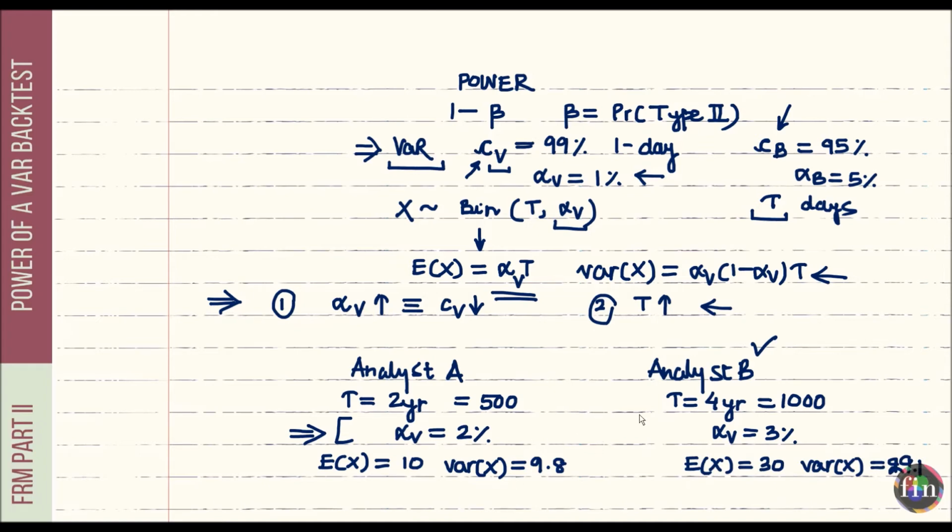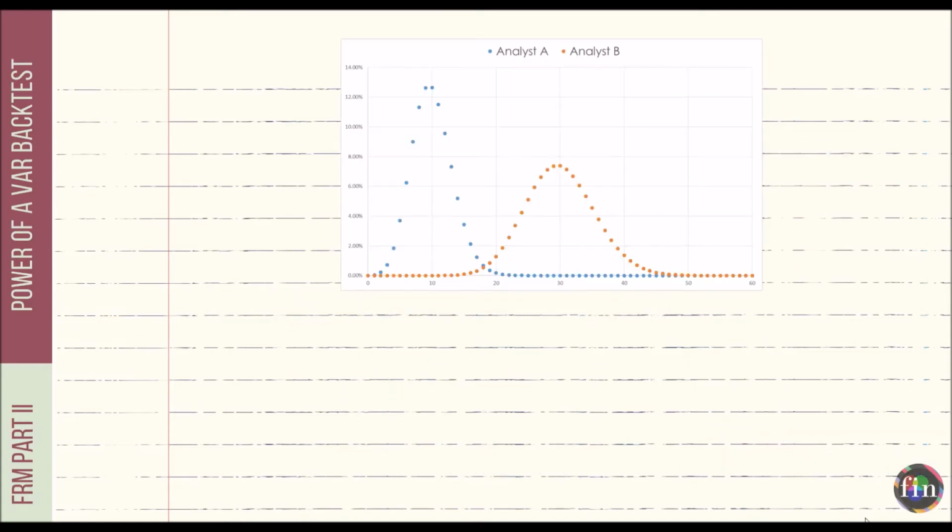Now let's see which one of the two would be better positioned when it comes to the power of the backtest. To understand that, let's plot the distributions of X for the two analysts, and let's continue ahead with our backtesting. What we have plotted here is the distribution of X for analyst A and then for analyst B. Take a look at the numbers that we already know. We know that the expected value of the number of exceptions for A is 10.